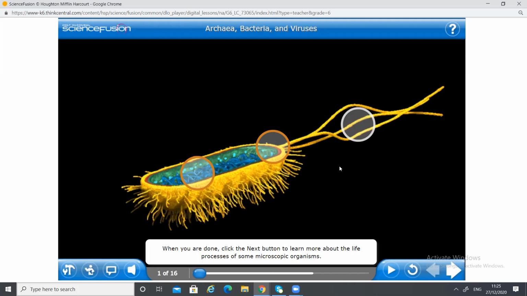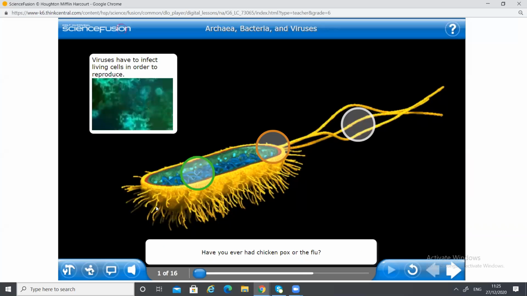This picture is unicellular. But this lesson will also cover multicellular organisms. Actually, see, bacteria, mostly they are unicellular. You cannot see them with your naked eye, moving here and there. Okay? Now, let us see one by one here.